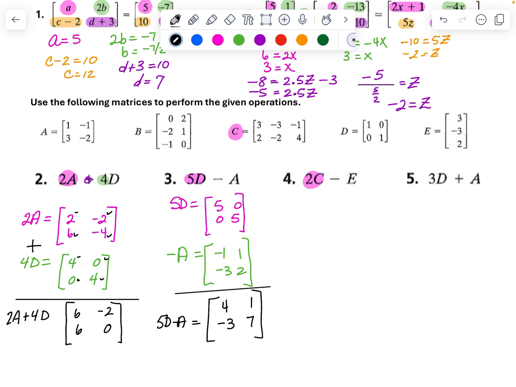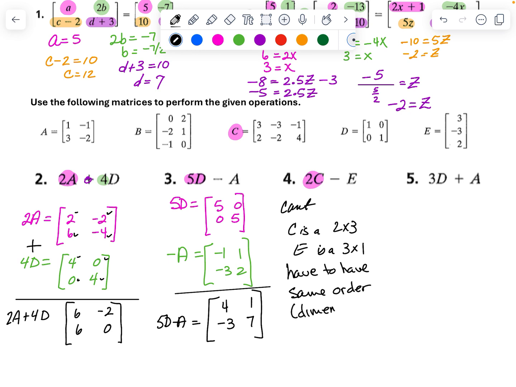It can't be done, because C is a 2 by 3 and E is a 3 by 1, and they have to have the same order or dimensions to add or subtract.